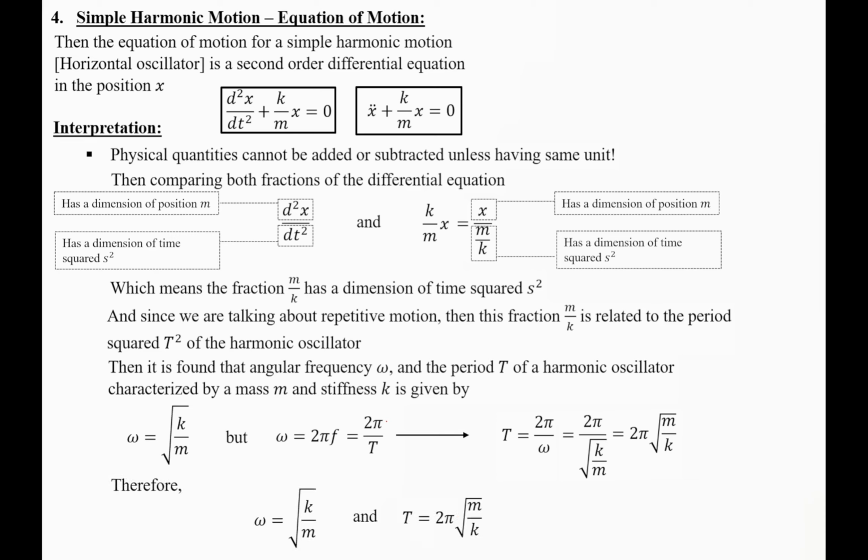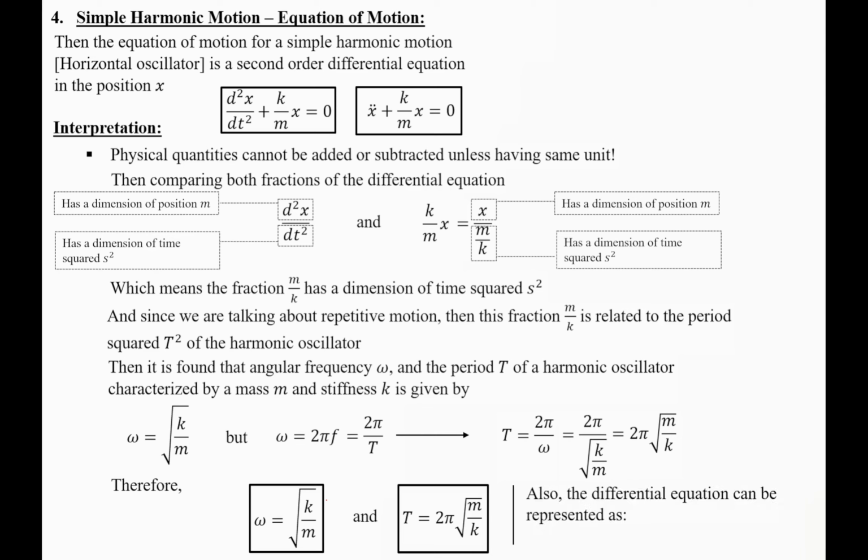Therefore, omega is given by the square root of k over m, and the period is given by 2 pi square root m over k. So you can ask yourself, how did you obtain these two expressions for omega and the period? One way to convince yourself is using dimensional analysis that I have done here. Omega and the period depend only on k and m for a horizontal oscillator.